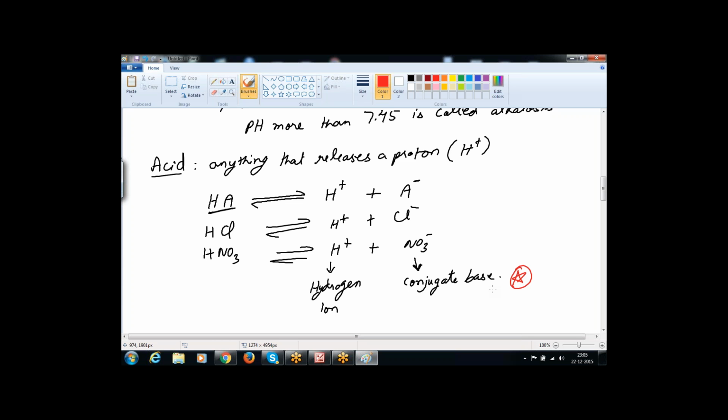Remember, the negative ion produced from any acid will be called its conjugate base.